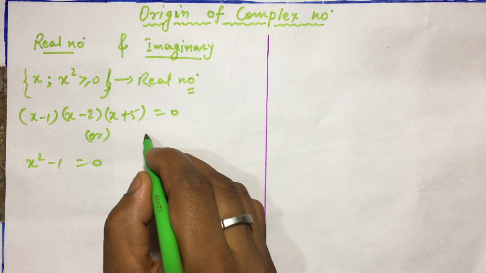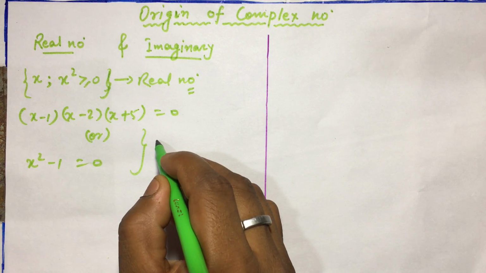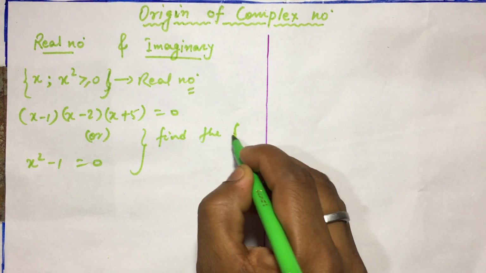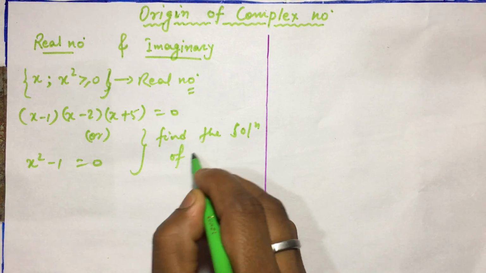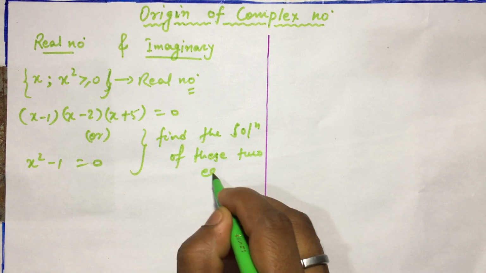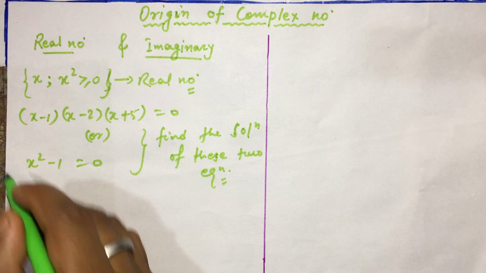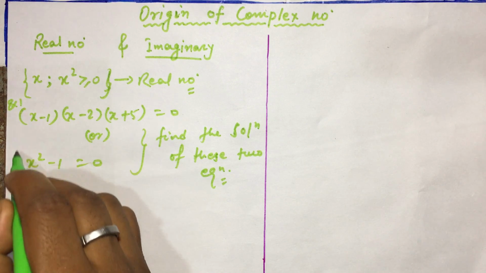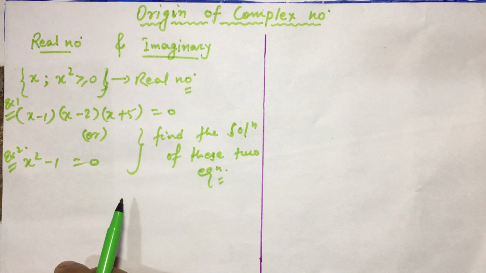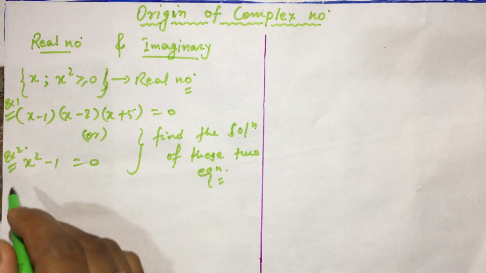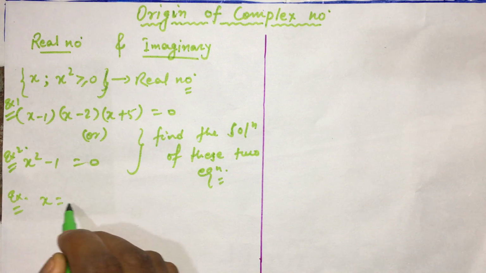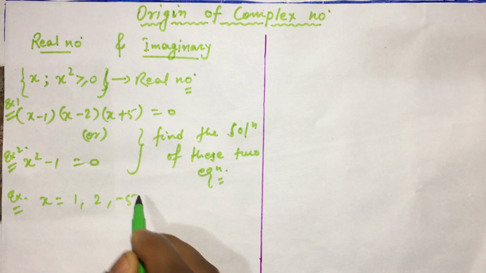If we are asked to find the solutions of these two equations, this one is example 1 and this one is example 2. So we start finding. From example 1 the solution will be x equal to 1, 2 and minus 5.